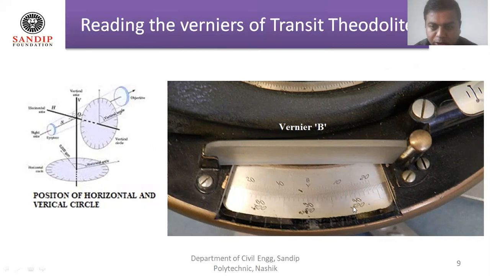Here this main scale shows reading in degree and minute, whereas this vernier scale shows reading in minute and second. And here in this figure you will see these are the different positions of horizontal and vertical axis.